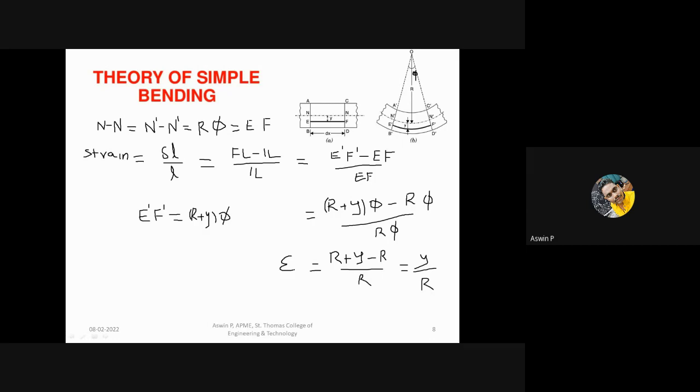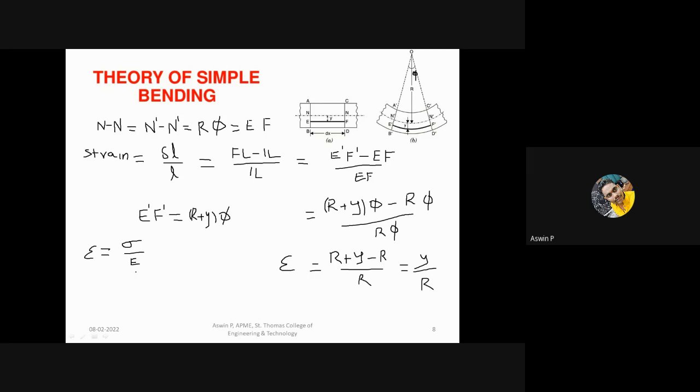But we already have from Hooke's law, stress and strain: epsilon is equal to sigma by E. This is the basic equation for strain according to Hooke's law. That is, stress by strain is known as Young's modulus, so stress by Young's modulus should be equal to strain.